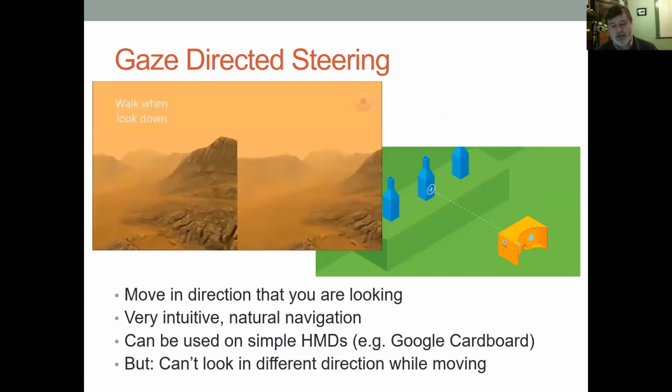This is used a lot in Cardboard. You just look and you move in the direction that you're looking. It's simple, intuitive, and works great. The problem is that if you're running forward and you want to look and shoot at somebody to your left, all you do is start running at your target, as opposed to running away from your target and wanting to shoot. So you can't look in a different direction than you're moving.